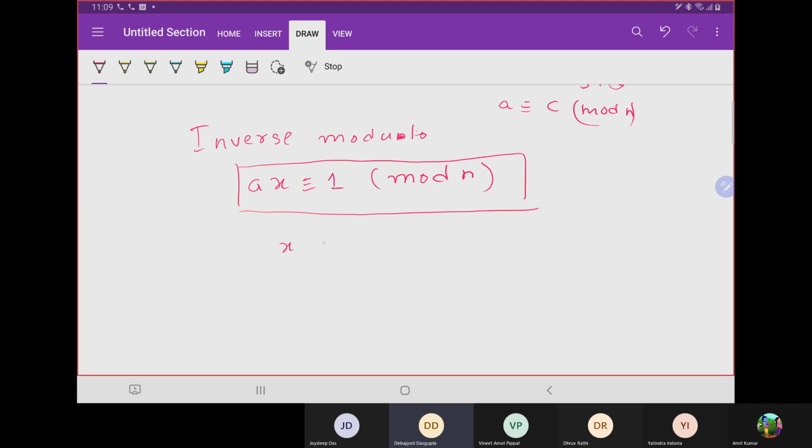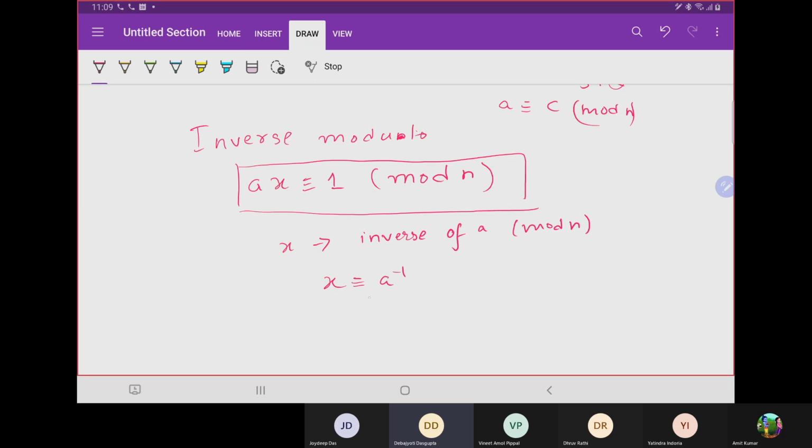So X will be the inverse of A under mod N. If this property is satisfied, that is A into X congruent to 1 mod N, then we get an inverse modulo. So we can also write that X is basically congruent to A inverse.